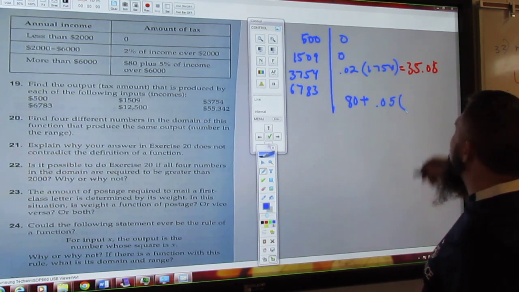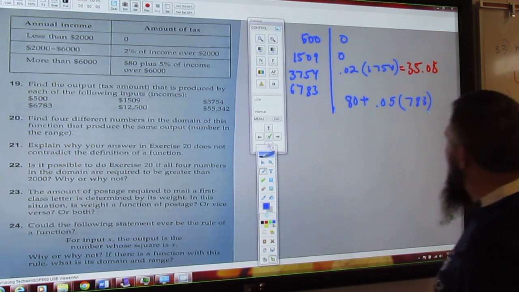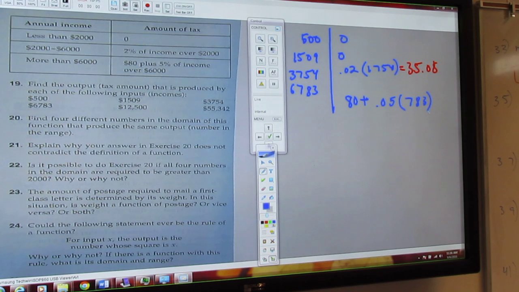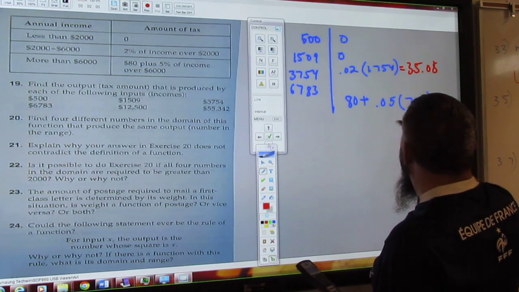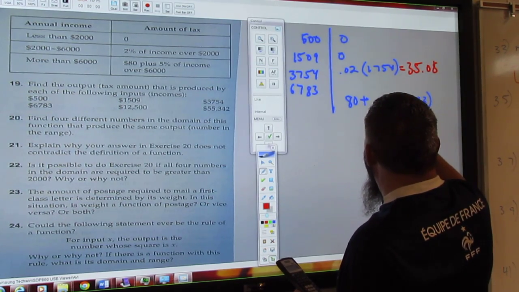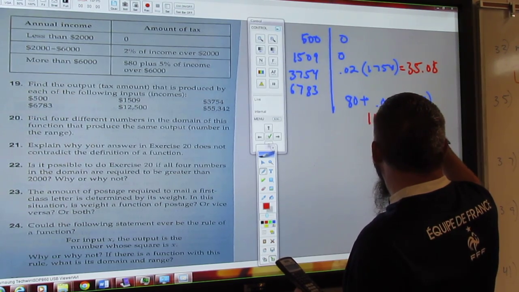So it's 80 plus 0.05 times 783, which is $119.15.